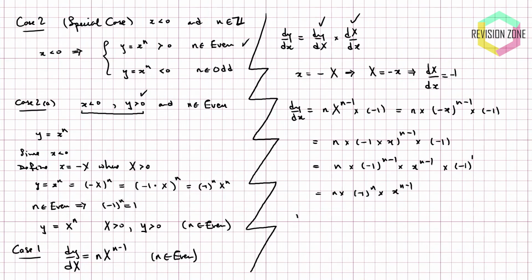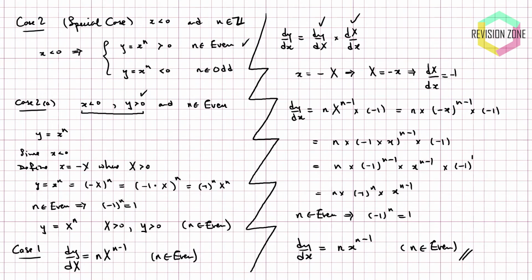Since our n is even, then as before negative 1 to the n is 1, which then tells me that my dy by dx, and this is lowercase x obviously, is just going to give me n times x to the n minus 1, because this thing here is just 1, right? So we've managed to prove our result in case 2a for n being even.